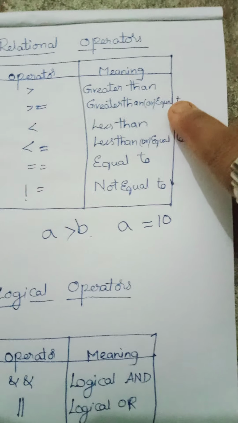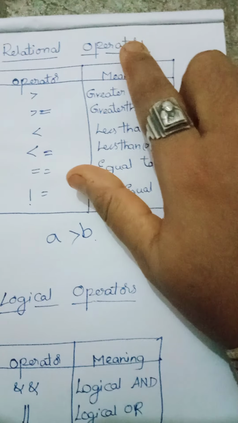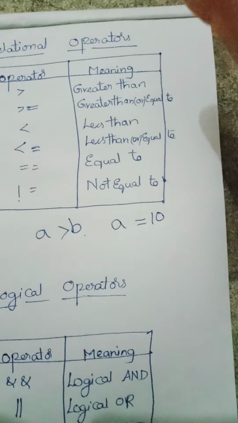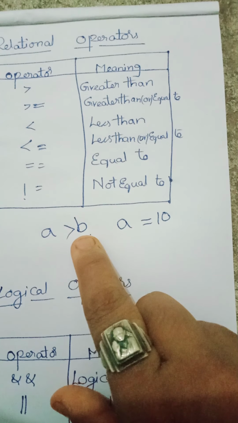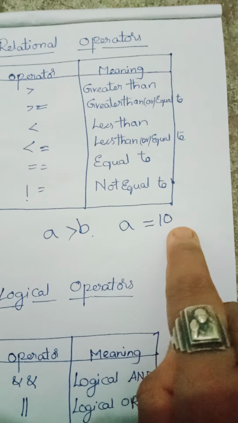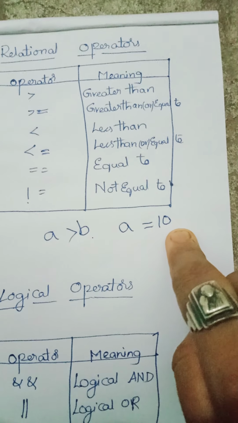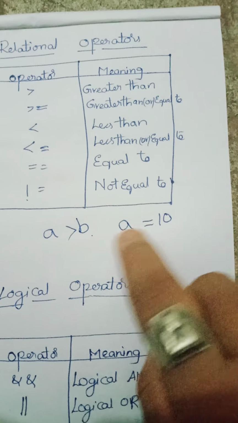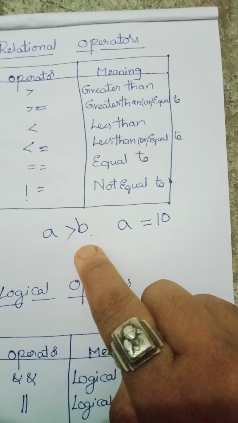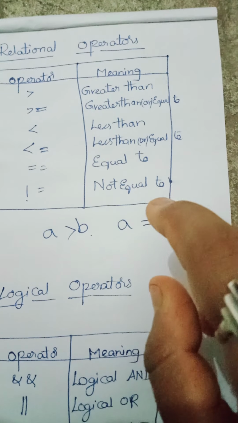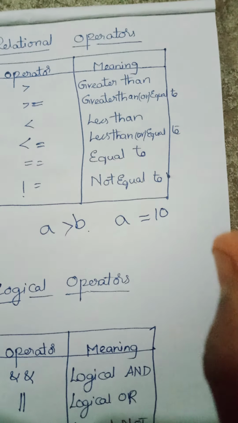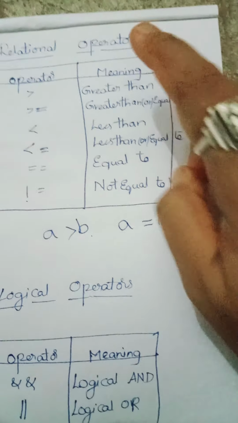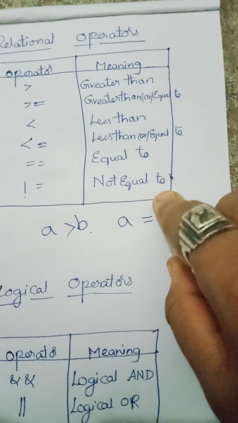Have you understood? A relational operator is the operator which defines the relation between two variables, or a variable and a constant. We often compare two quantities and, depending on their relation, take certain decisions. This comparison can be done with the help of the relational operators.